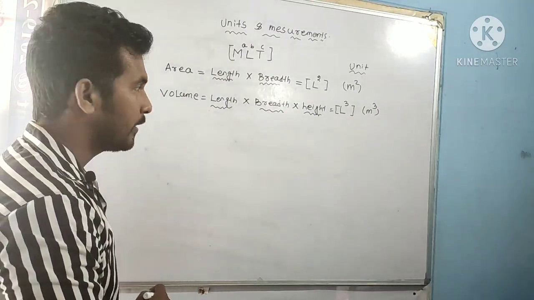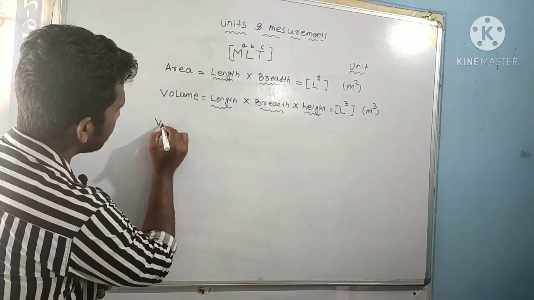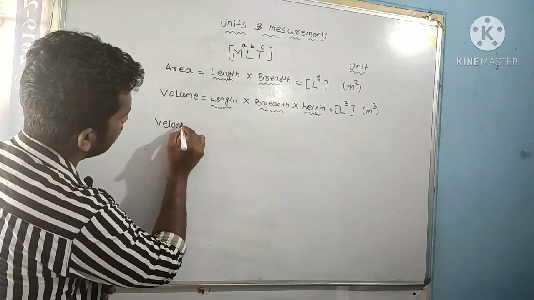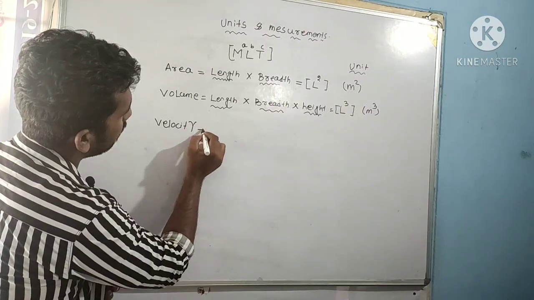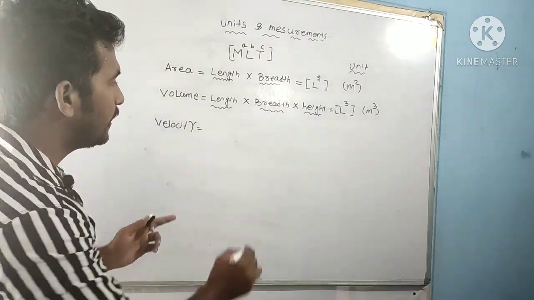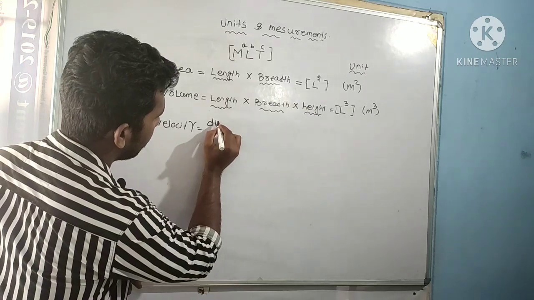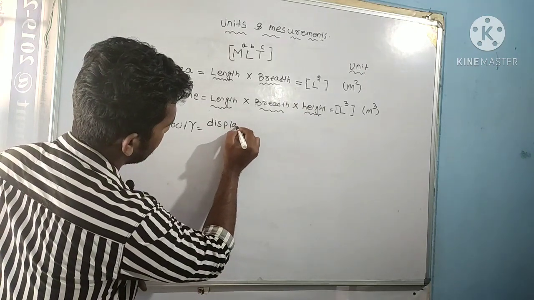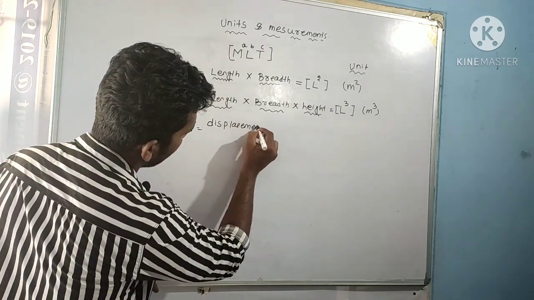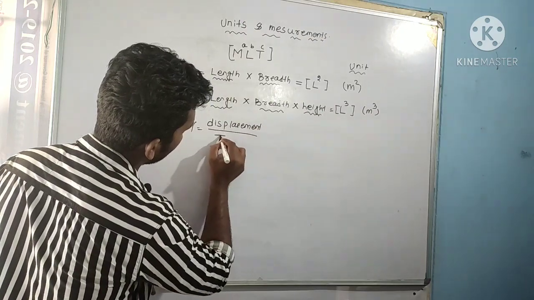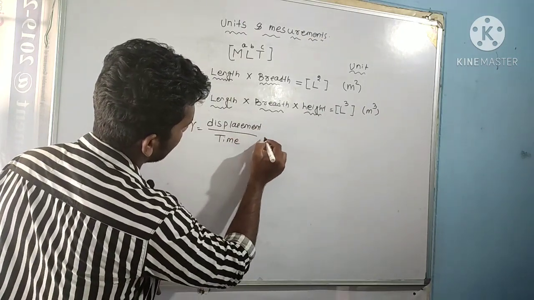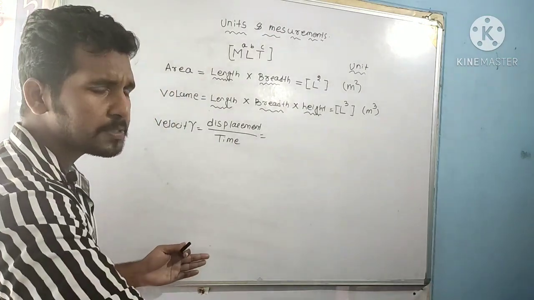Okay. Next, velocity. Velocity रो formula होची displacement by time. ताले displacement, what do you mean by displacement?